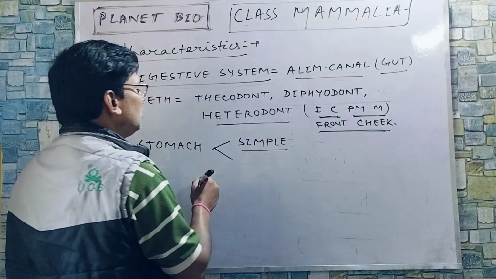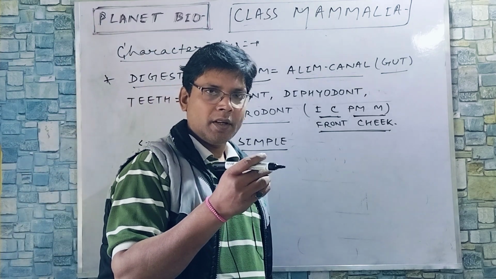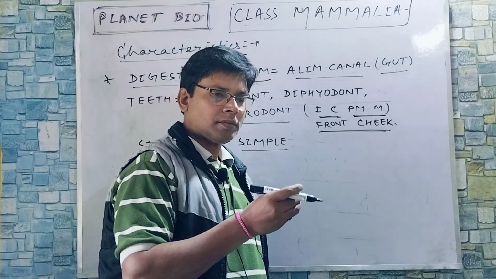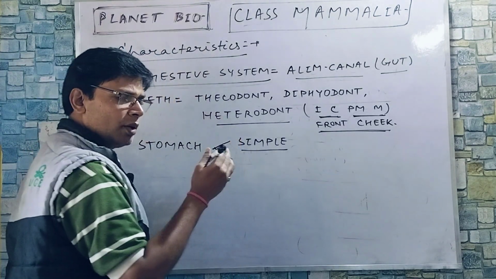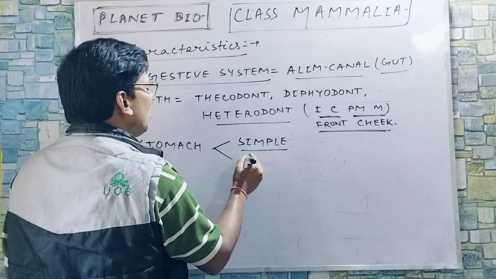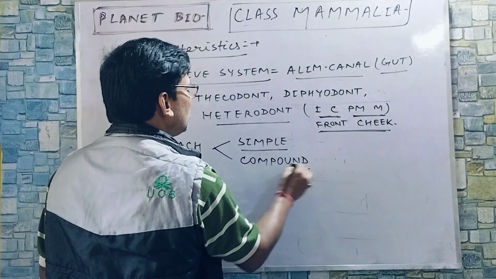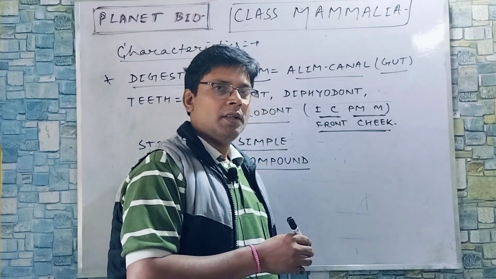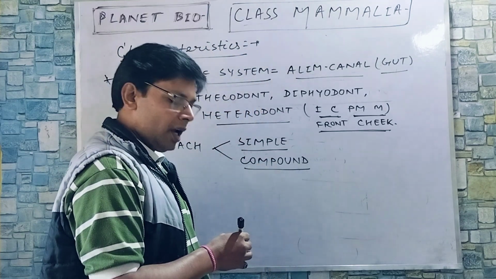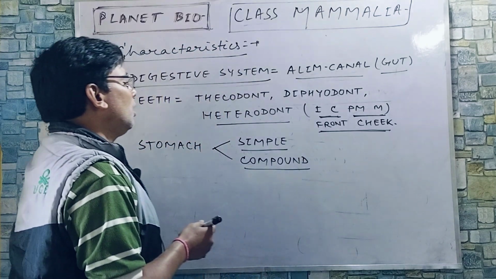But in some, you can say camel, deer, cows, they are ruminants, cud chewing mammals, and they have a compound stomach, four chambered stomach, and there you can find cellulolytic bacteria which help in anaerobic breakdown of food materials, that is cellulose.